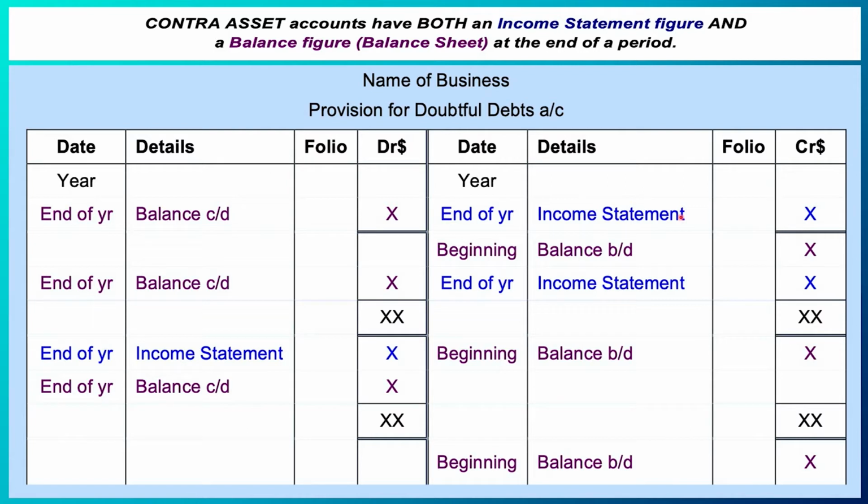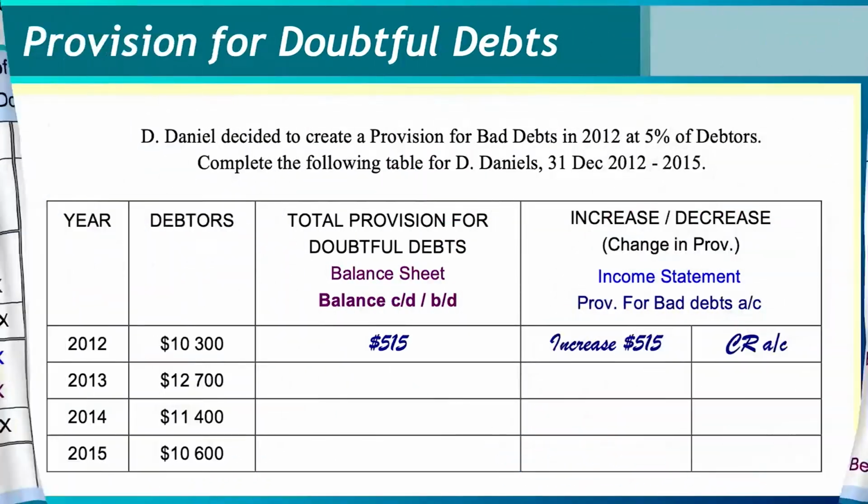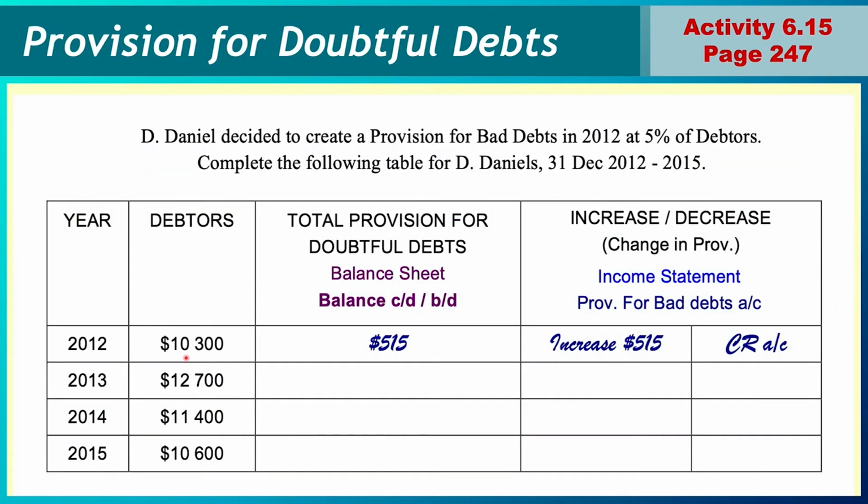The first year, always an increase. Second year, you also had an increase. Third year, however, you had a decrease in the provision. So we put it on the debit side. Okay? So what's the best way that we can actually reinforce this is by doing an example.